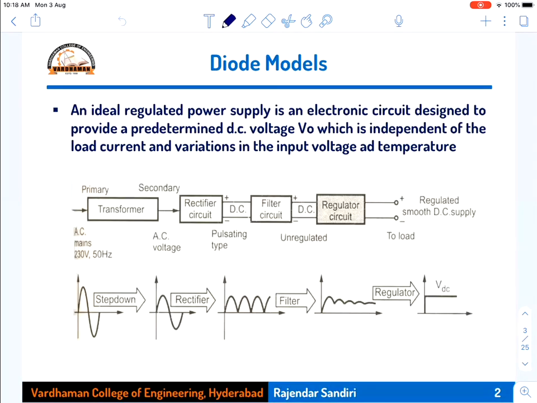Next, an ideal regulated power supply is an electronic circuit designed to provide a predetermined DC voltage V0, which is independent of load current and variations in the input voltage and temperature. When the circuit converts AC to DC, the predetermined DC voltage V0 appears at the output across the load resistor.